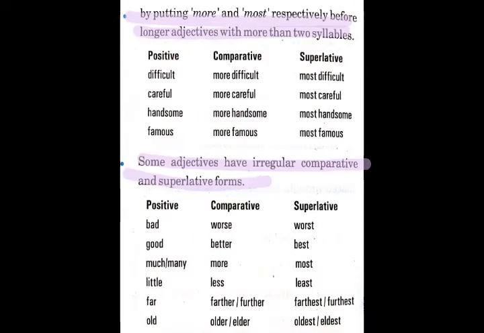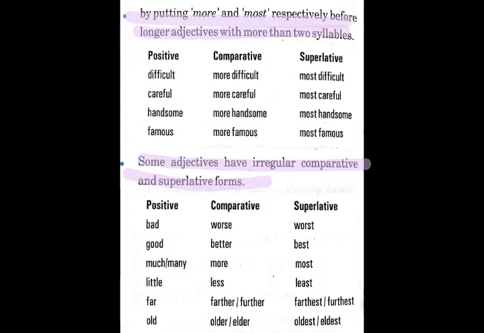Okay. But in some cases, we put more and most before the longer adjectives with more than two syllables. If an adjective is longer, then we use more and most. For example, difficult, more difficult, most difficult, handsome, more handsome, most handsome, etc. Some adjectives even have irregular comparative and superlative forms.